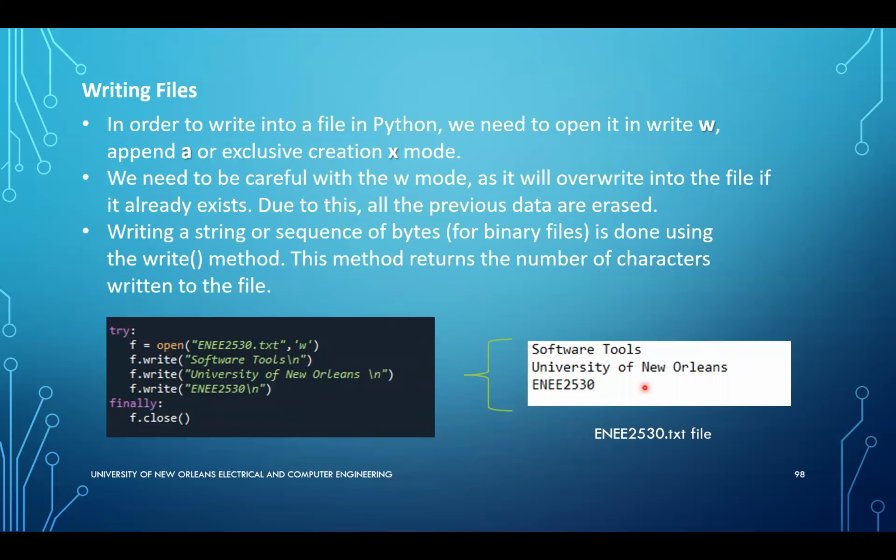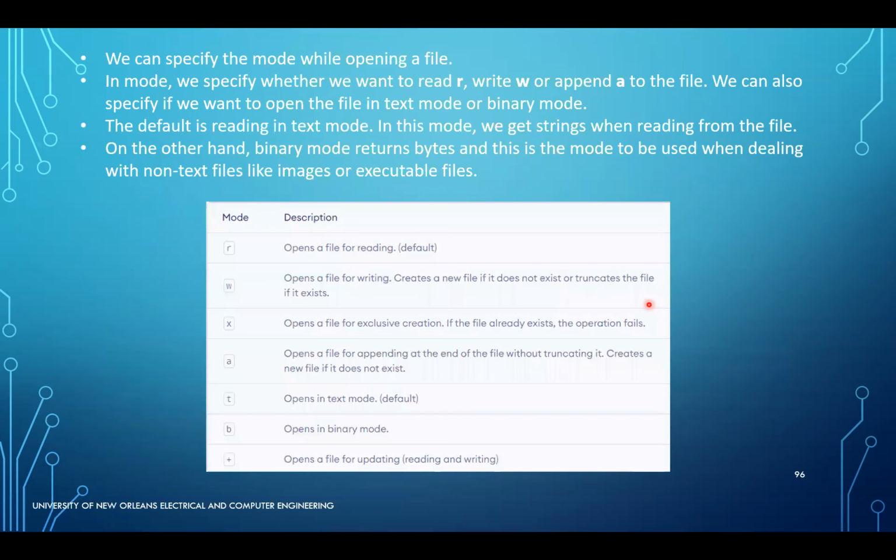So we saw how we read files, how to open files, how to close files. Now, for writing files, in order to write files in Python, we need to open it in write mode with the lowercase w. We can also use append with the lowercase a, or exclusive creation mode with the lowercase x.